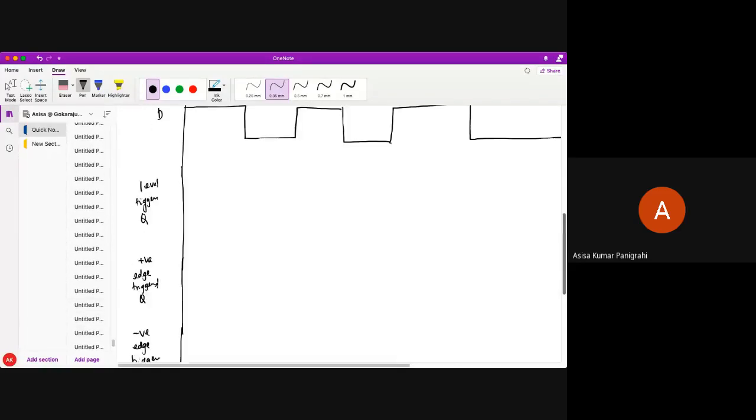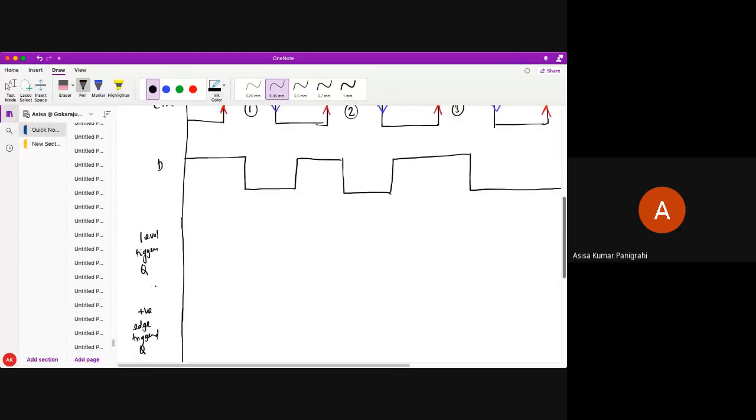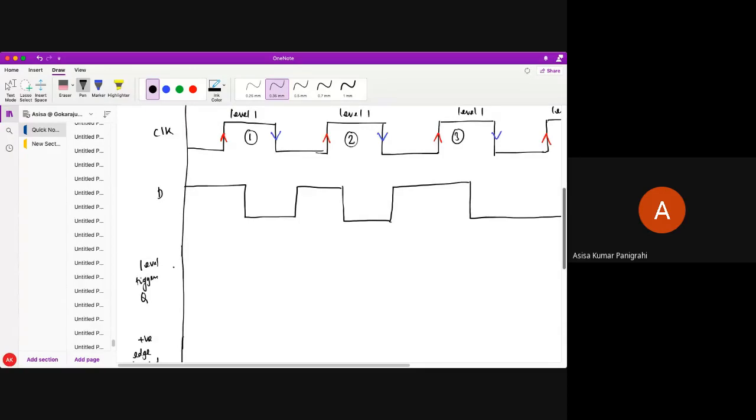Before that, I have already told you I have taken the initial state Q equal to 0. Where is my level 1? My level 1 will come up here. So I'm drawing for level 1. Up to this, my level 1, this is 0. After that, in this level 1, it is going to check where any input change will be there. Yes, there is an input change over here.